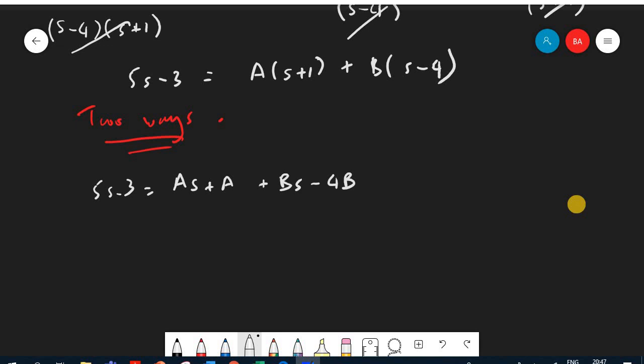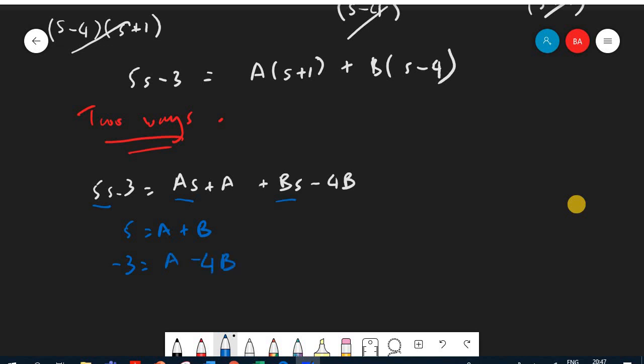I have my terms 5s is equal to as plus bs. So 5 is equal to a plus b, that is my first equation. My second equation is minus 3 is equal to a minus 4b.